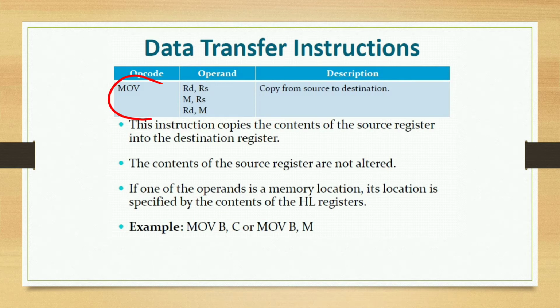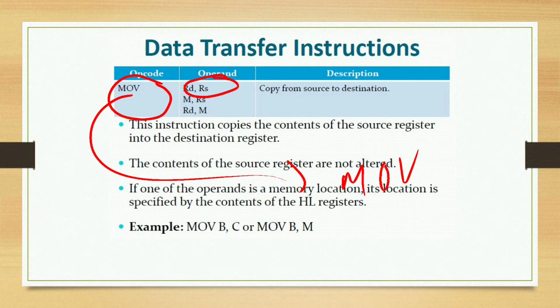Here MOV indicates move RD, RS, where RD is the destination register and RS is the source register. Suppose the move instruction is MOV B, C: B is the destination register and C is the source register.